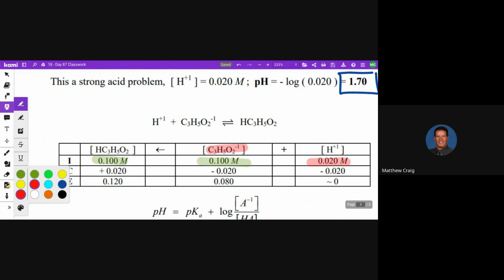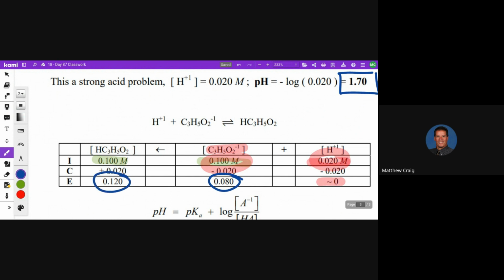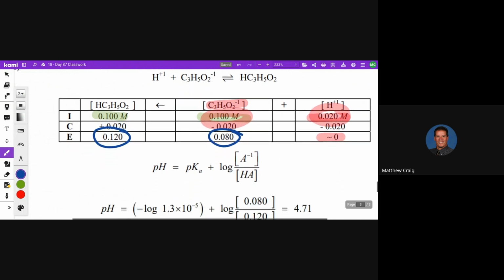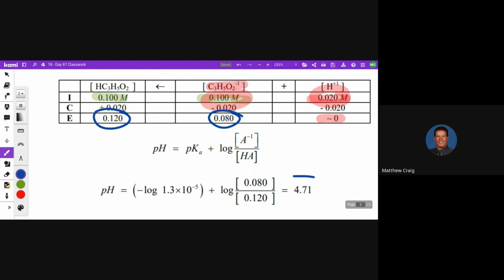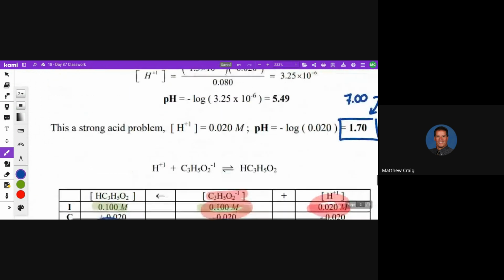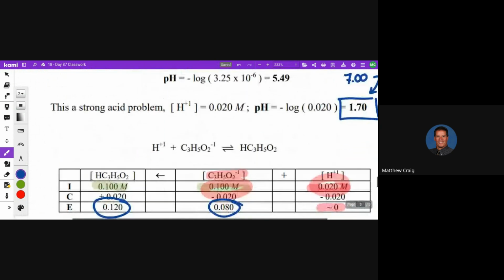And so whichever one of these is smaller will go to 0. And in this case, the hydrogen does go to 0. Okay. And so now we have a 0.08 molar concentration of our propionate, and we have a 1.2 molar concentration of our propanoic acid. If you want to use the Henderson-Hasselbalch equation, plug it in, you get a pH of 4.71. Or you can, again, use the equation up here and solve for it.